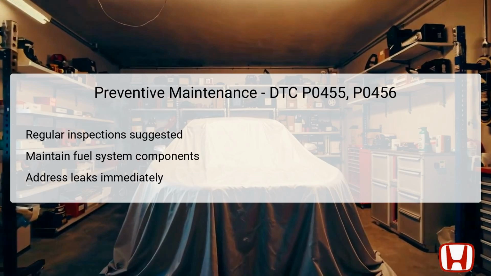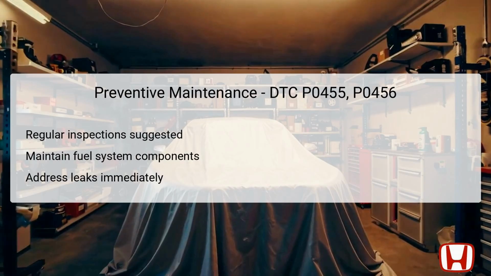To prevent the recurrence of DTC P0455 or P0456, it is advisable to perform regular inspections of the EVAP system components. Keeping a close eye on key parts, such as hoses, seals, and valves, can mitigate the chances of leaks arising.